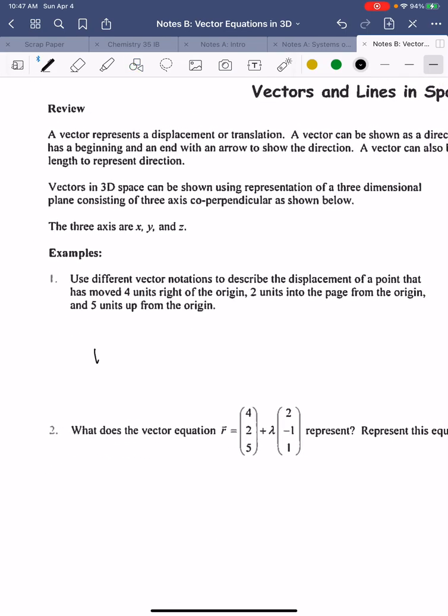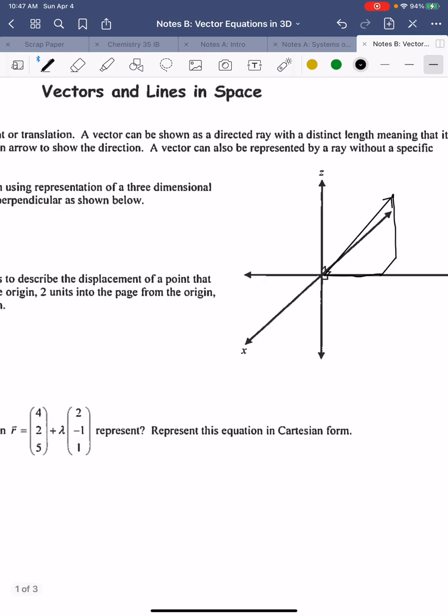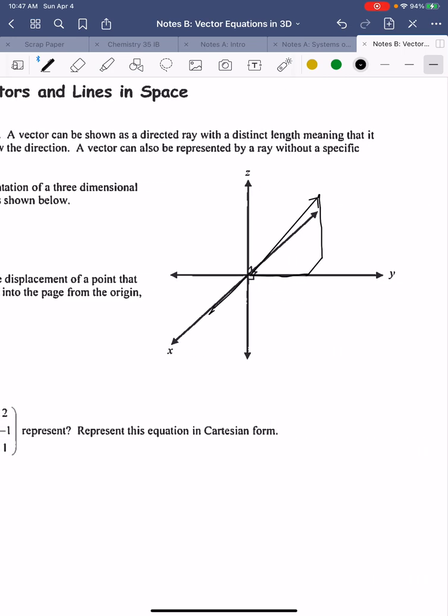So let's let our vector equal v. And v is equal to, let's start with a column vector. So if it moved 4 units right, then that's the y. If it moved 2 units into the page, then that's negative 2, because x goes positive this way and negative that way.